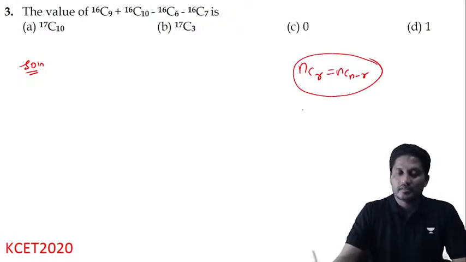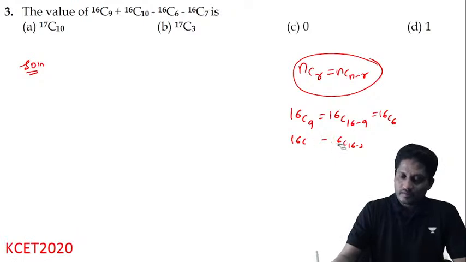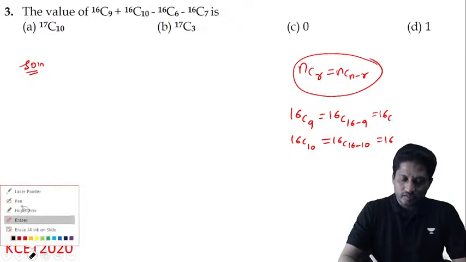So 16C9 is the same as 16C(16 minus 9), which is equal to 16C7. And 16C10 is equal to 16C(16 minus 10), the same as 16C6. For 16C9, 16 minus 9 is 7, and this is 6.